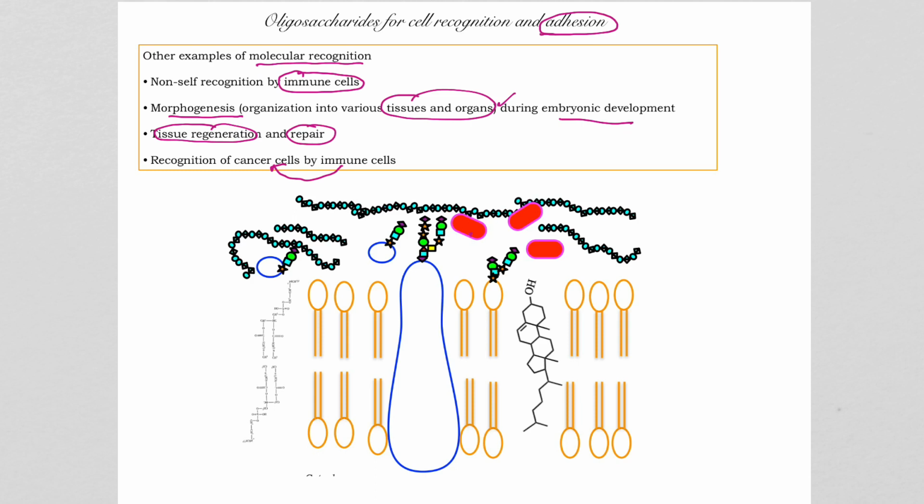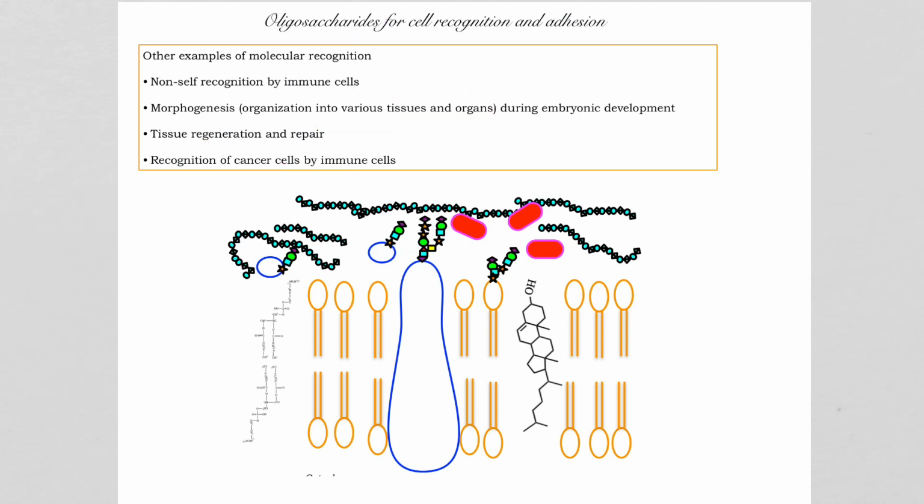And interestingly, a lot of this molecular recognition involves oligosaccharides because we can make many different three-dimensional shapes with carbohydrates compared to proteins or nucleic acids. So carbohydrates are not only important for fuel, they're also very important for identification.